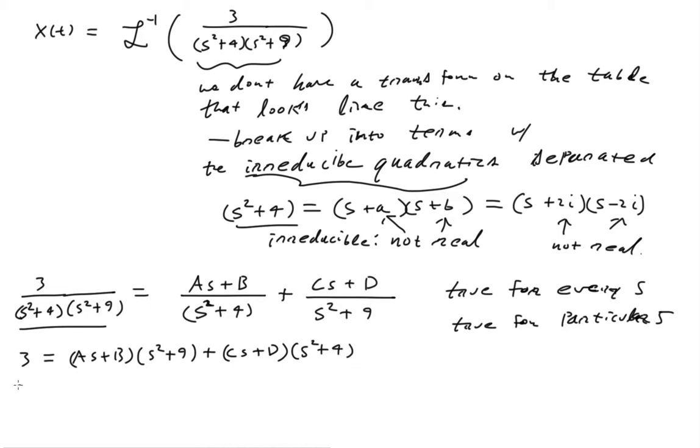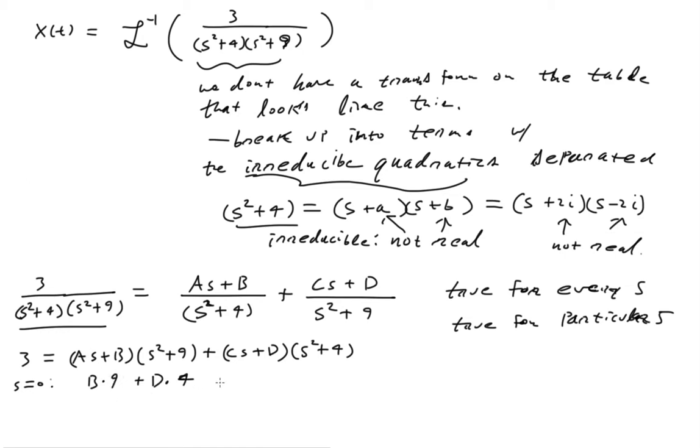Okay, and if I take s equals 0, I can plug it in there and get b times 10 plus d times 4, like that, right? Oh, whoops, that's not right. Make one mistake. It's not 10 there. It's going to be 9.